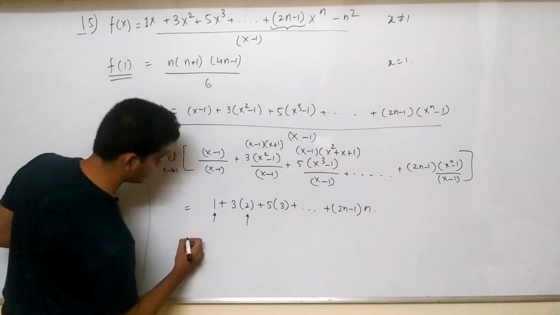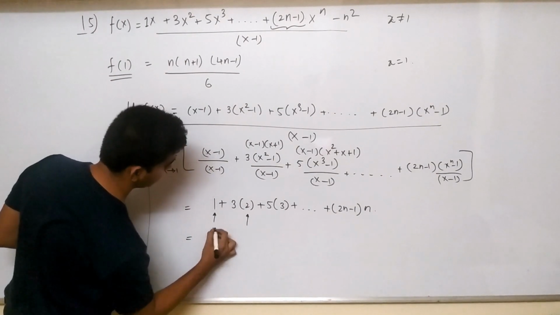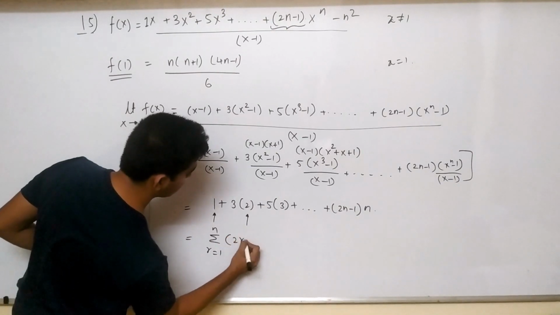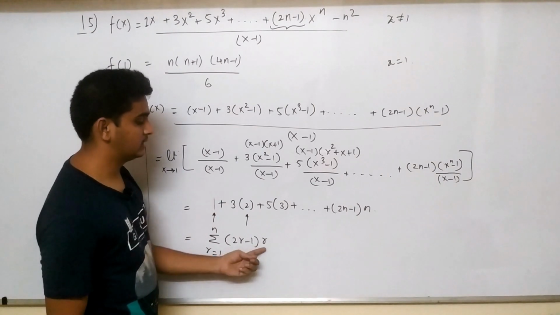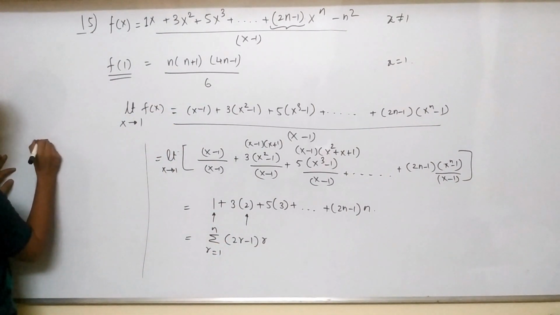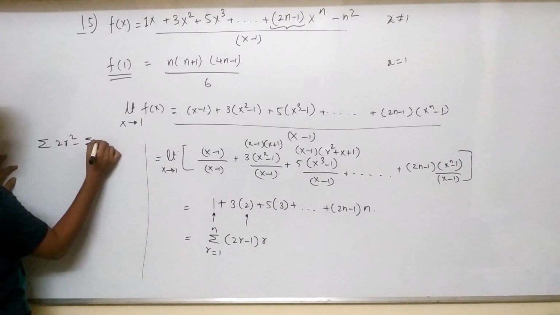So what is the summation? It is nothing but summation of r from 1 to n of 2r minus 1 times r, where this is the odd series and this is the regular number series. Well, we'll see what happens over here. So this is summation 2r square minus summation r.